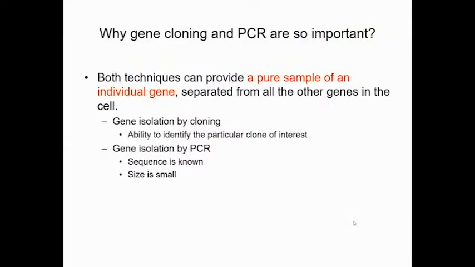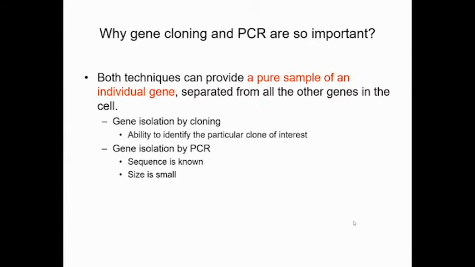And why are gene cloning and PCR so important? Because both techniques can provide a pure sample of an individual gene, separate from all the other genes in the cell. Gene isolation by cloning or by PCR can give you a pure sample of an individual gene.